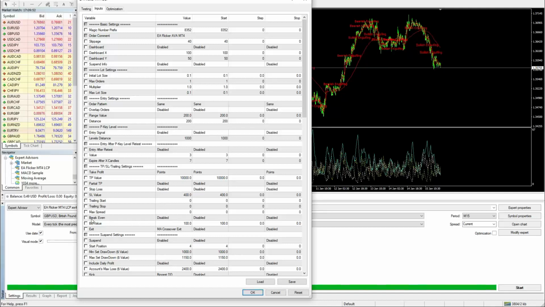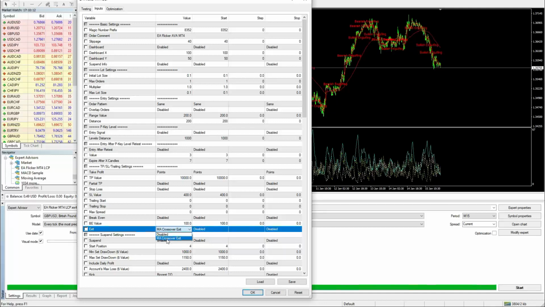So yeah, now I've also included max spread for you to use. So in very volatile market conditions, you can set your spread limit. Then I've also included a break even value, so you can use this as well. And then exit strategy, I've only given one.